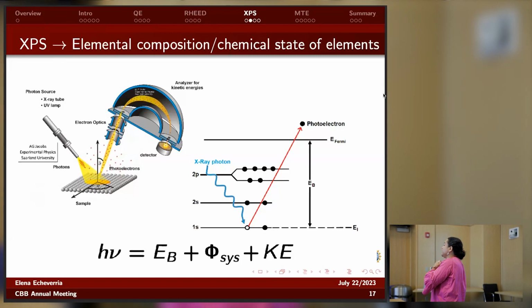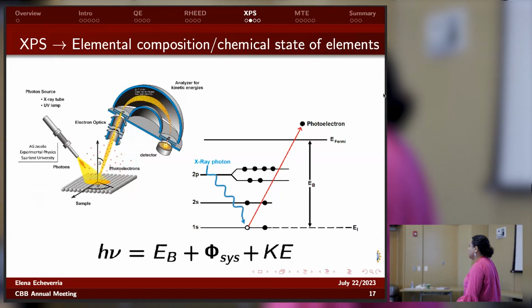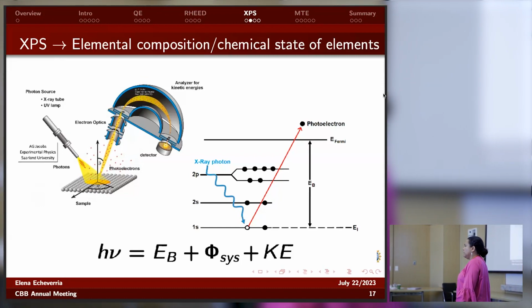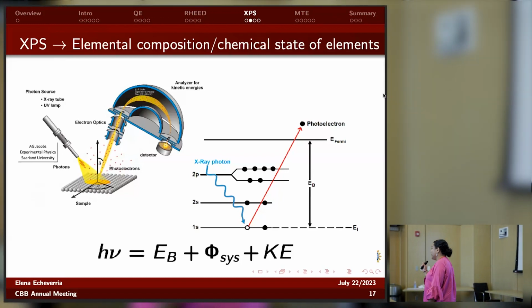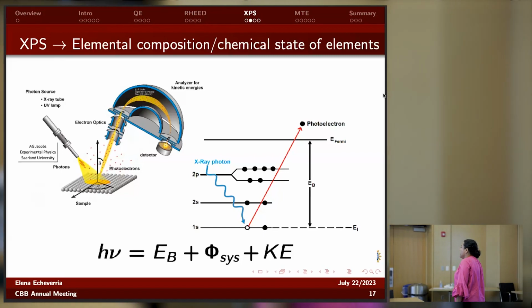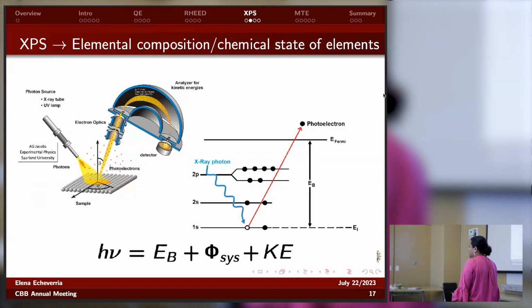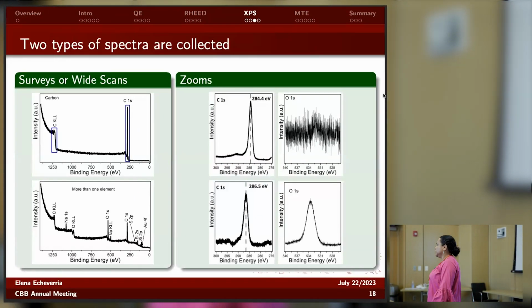That energy will be different compared if you have carbon and oxygen. But that's true for the valence electrons, right? But not for the core electrons. Well, it depends on the element. There are elements where the shift is really small that you cannot distinguish. But in the case of carbon, it's really known that you can distinguish between the oxidation states.